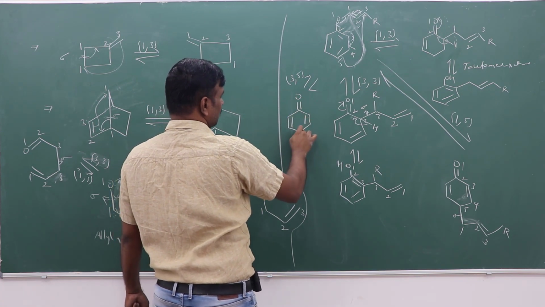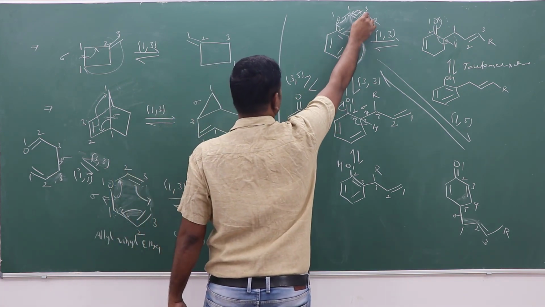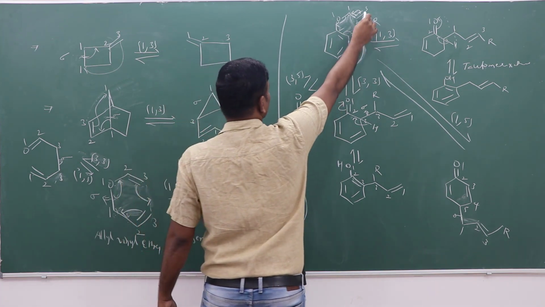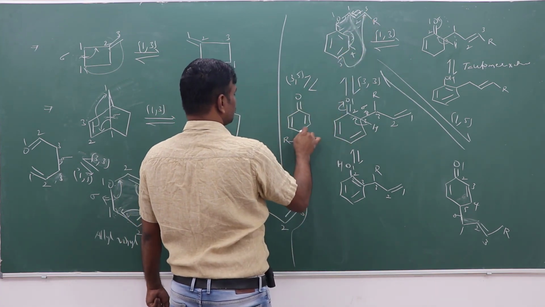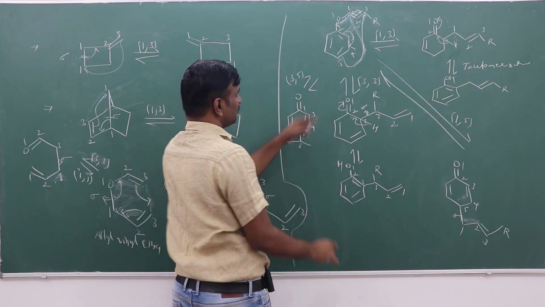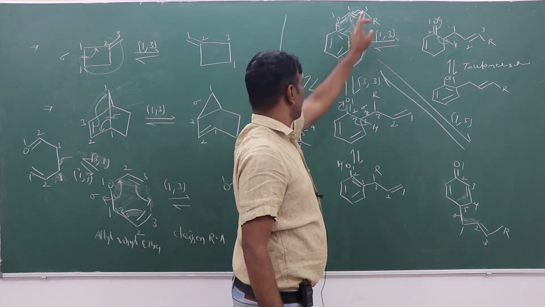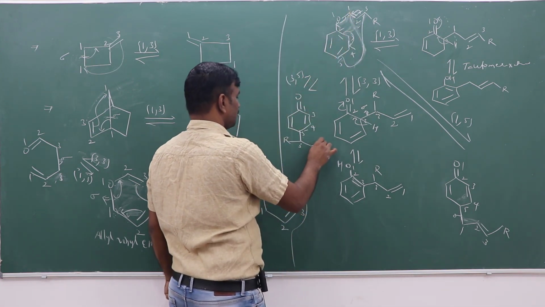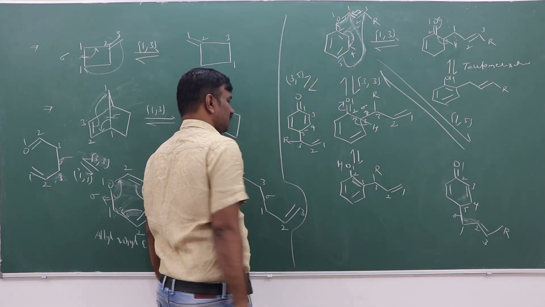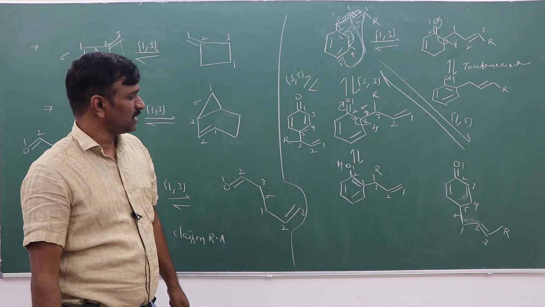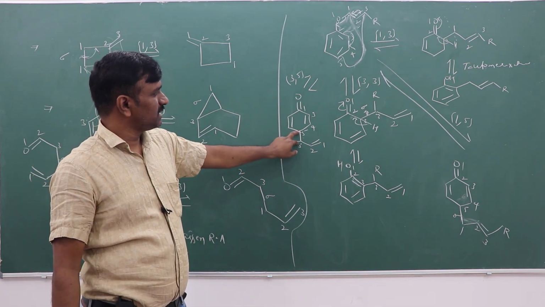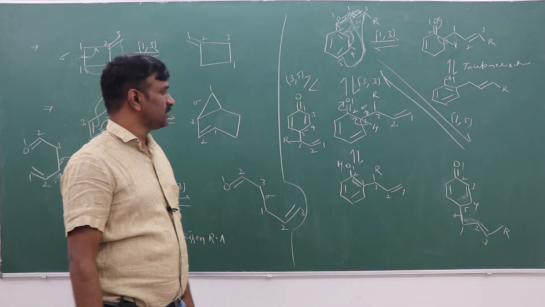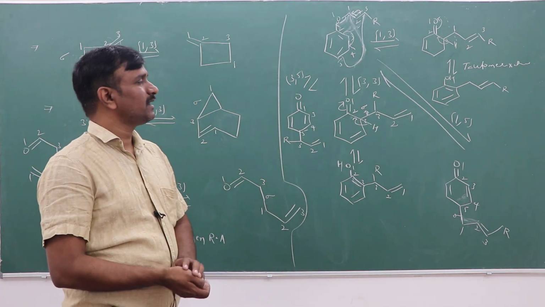Right? Here, the 5th position is going to be attached to the 3rd position. This is the 3rd position. 5th and 3rd. The R group is here. Between the 1 and 2 positions, a double bond may be there. This will happen. This is the resulting product. If it is a shift from 1,1 to the 3,5 positions, a 3,5 shift takes place. Right?